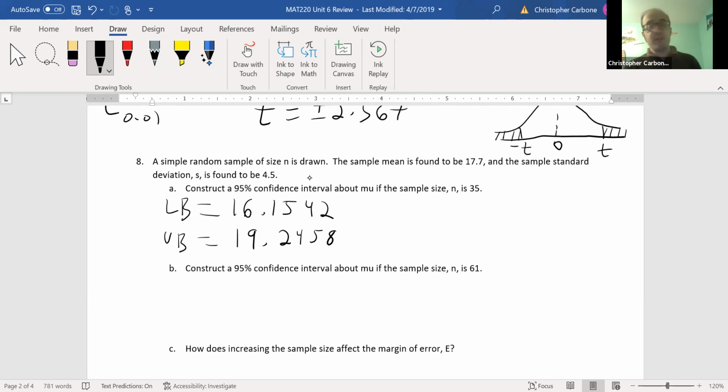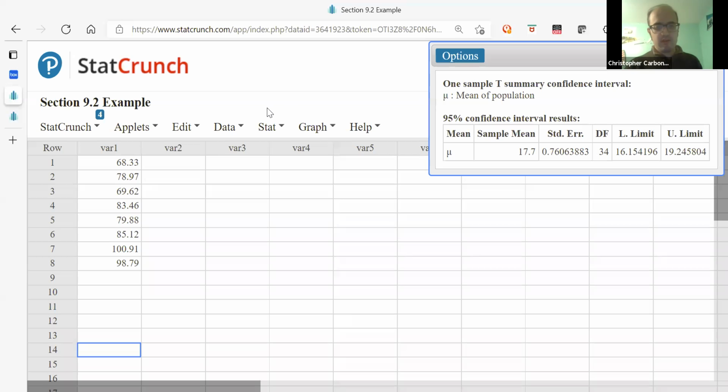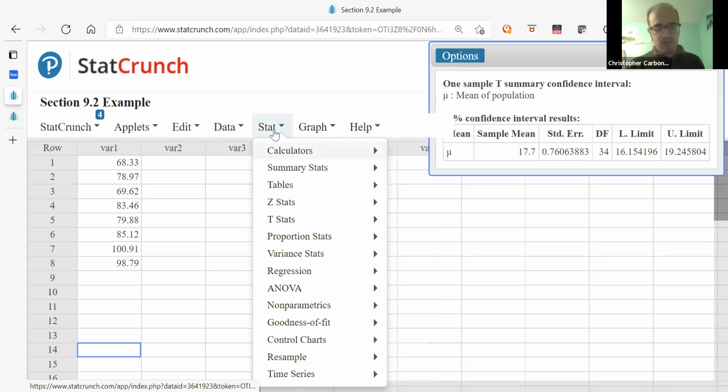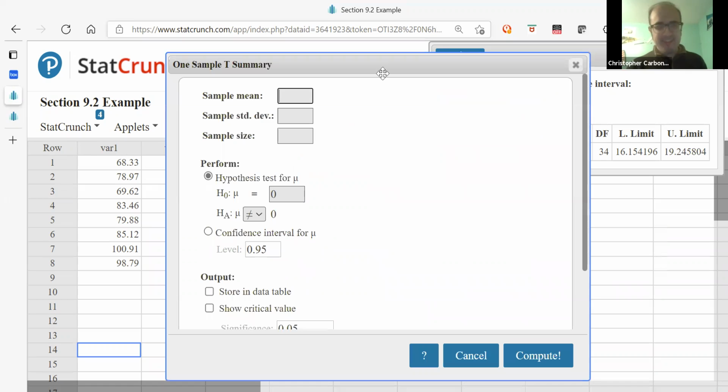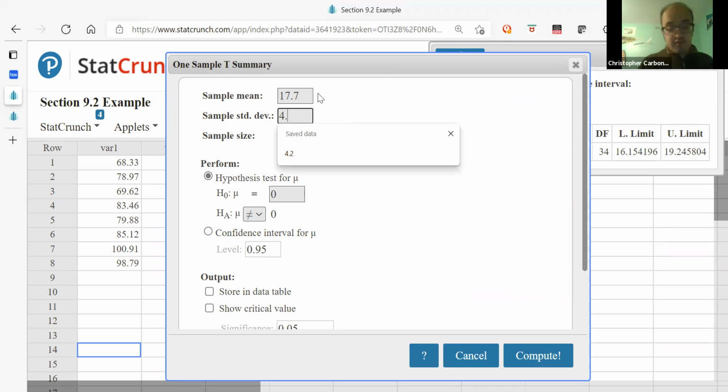The same thing though with B here. Same 95% confidence, same mean and standard deviation, but now the sample size is 61. So I'm going to make a new one. Stat, T Stats, One Sample with Summary. I'm going to put in the 17.7. Sample standard deviation of 4.5.